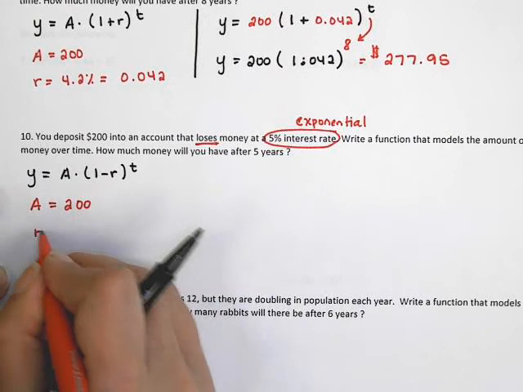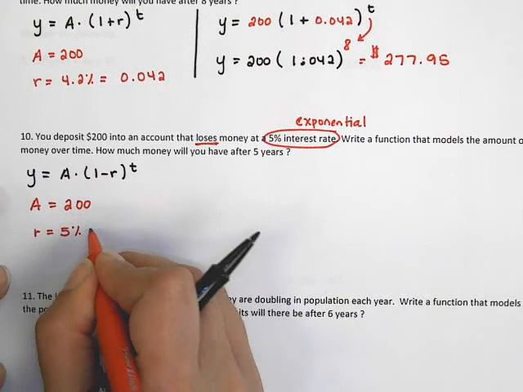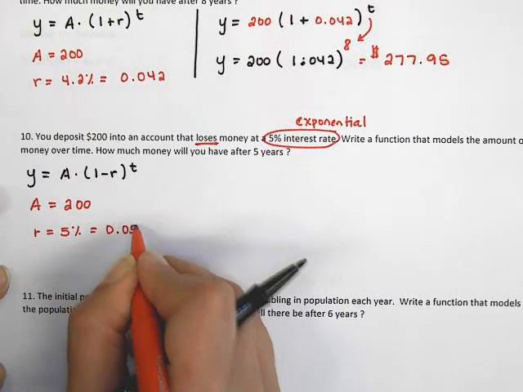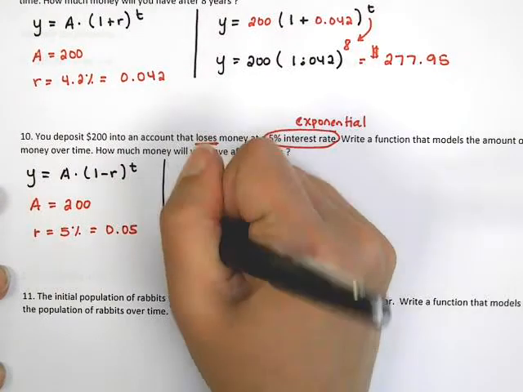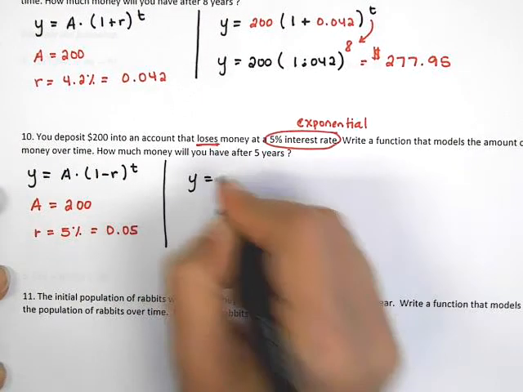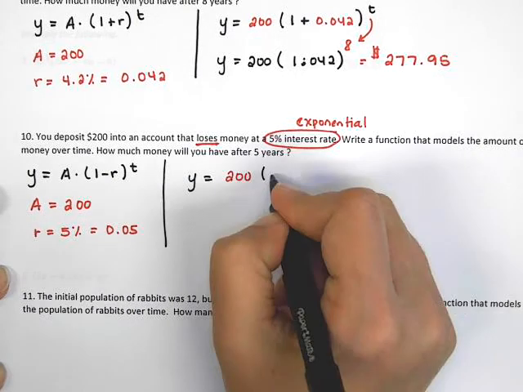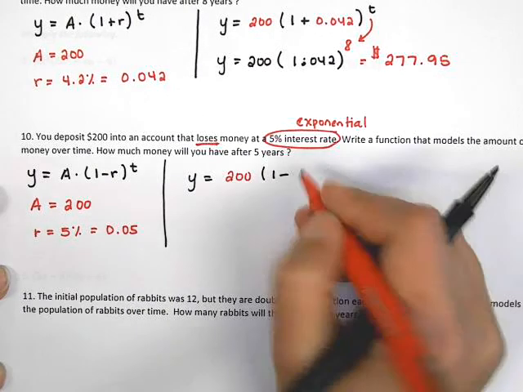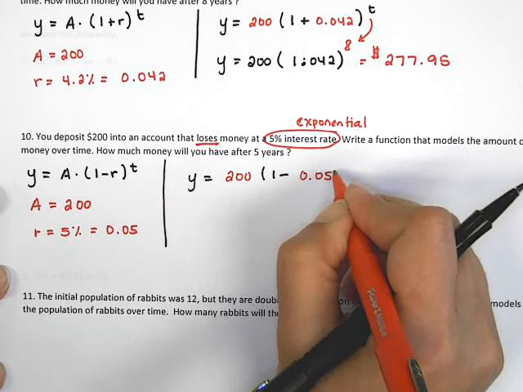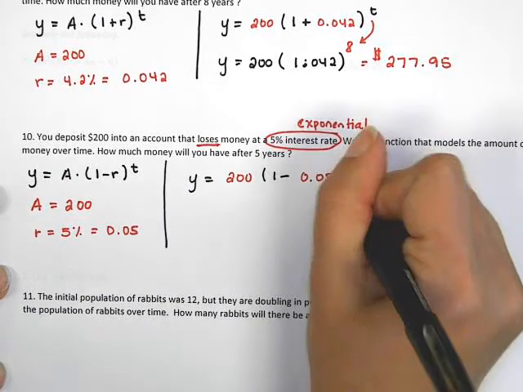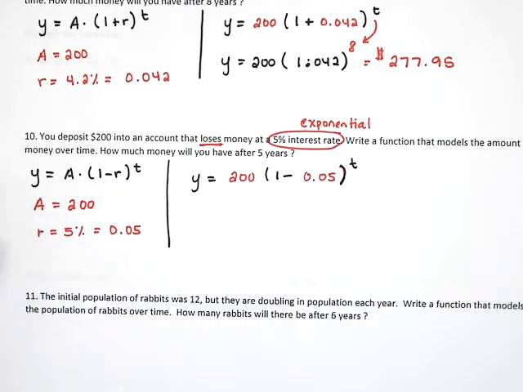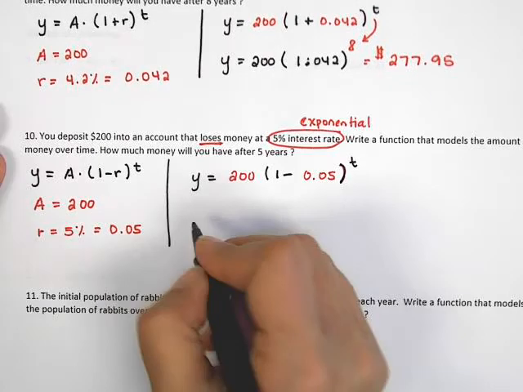R in this problem would be 5%, which is 0.05 when you change that to a decimal. So you would have y equals 200 times (1 minus 0.05) to the t power. Now it specifically says how much money will you have after 5 years.